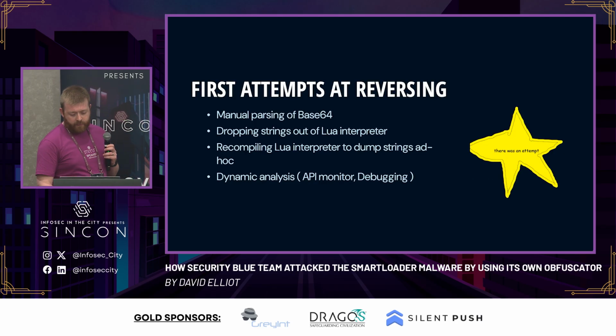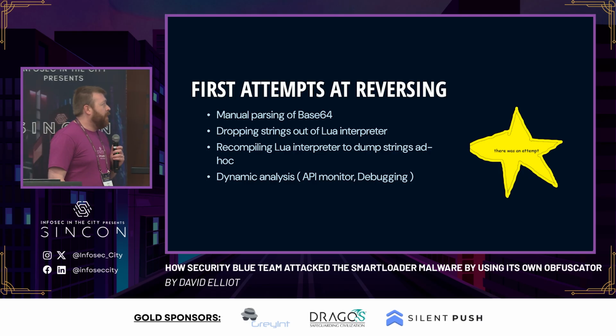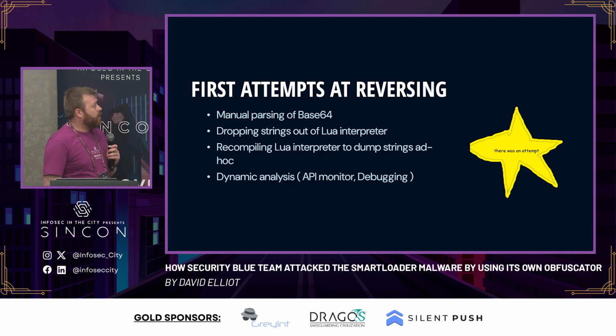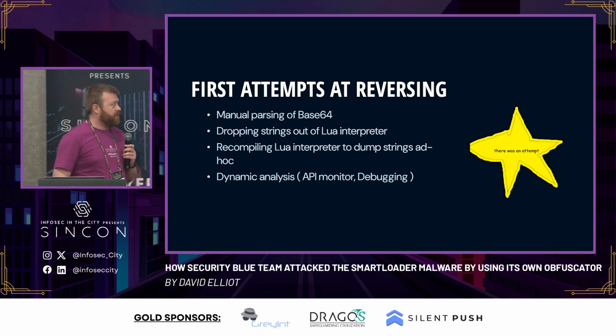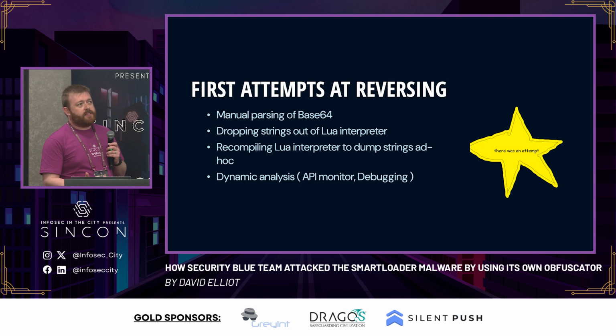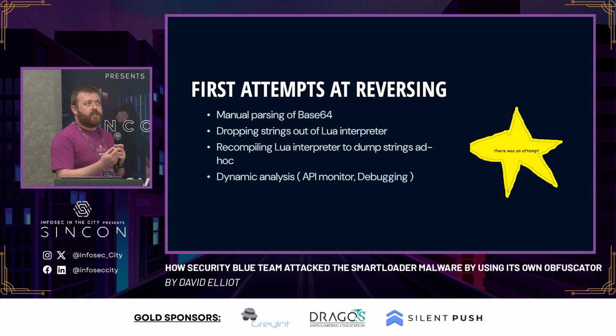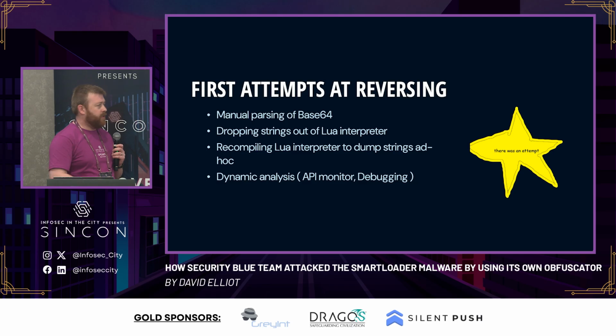And so the first attempt at reversing that, we did manual parsing of all the base64. We were trying to drop strings out of the Lua interpreter itself. So we were using debuggers. We were recompiling LuaJIT in order to get the strings before the garbage collector gets rid of the strings.